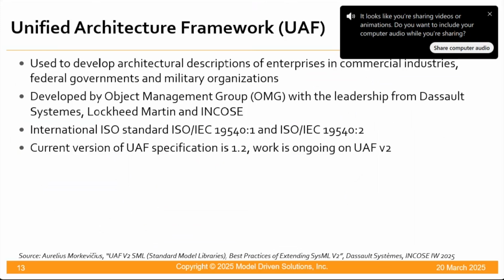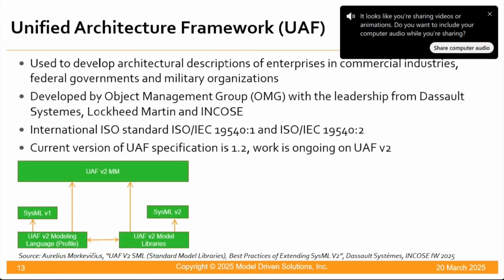Dassault, Lockheed Martin, and Cozy were some of the leaders in originally creating it. It's an ISO standard. Current version is 1.2. But work is ongoing. A lot of good work is ongoing with V2. Some of you may have been to the V2 or the UAF summit. I heard some about that yesterday. So I'm going to sum up a little bit, with courtesy of Aurelius. The basic idea with UAF V2 is they're actually still going to support V1.